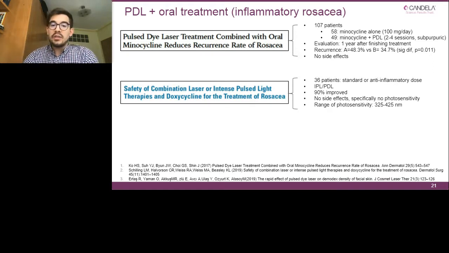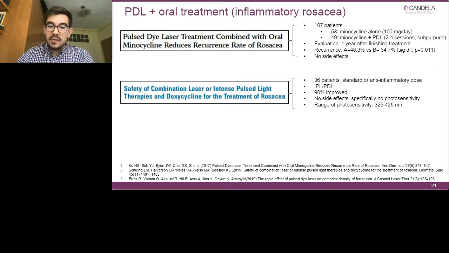And when combined with doxycycline, it's very useful, it is very safe, there are no side effects, especially no photosensitivity. And this is mainly due to the fact that both minocycline and doxycycline have a range of photosensitivity between 325 and 425 nanometers of wavelength, which is very far from the 595 or 585 nanometers of the PDL.